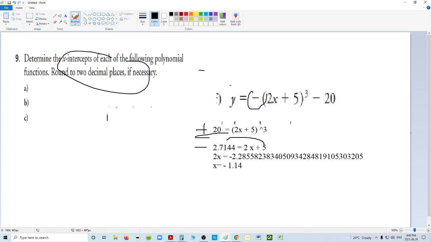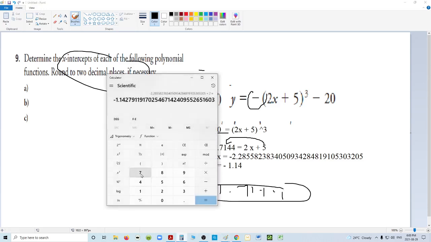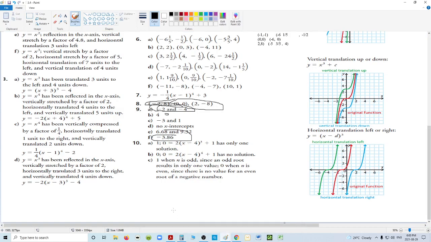Then when I take the negative 5, it's actually negative 7.7144, and that's what I have to divide by 2. And that should get me the answer. So I just didn't see that negative multiplier.